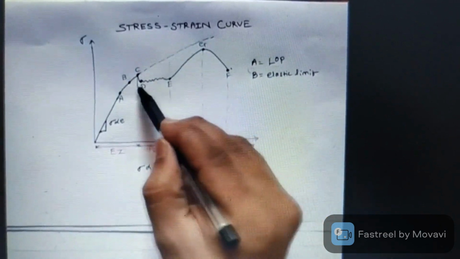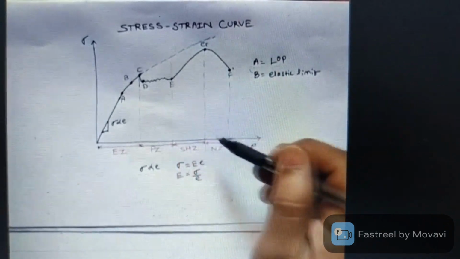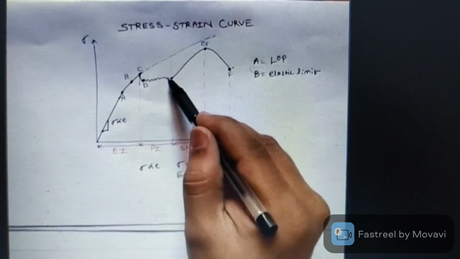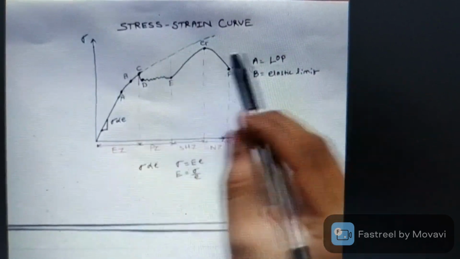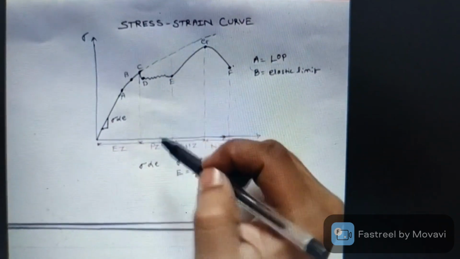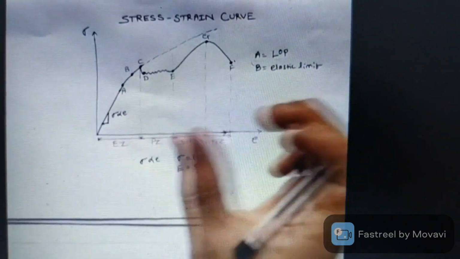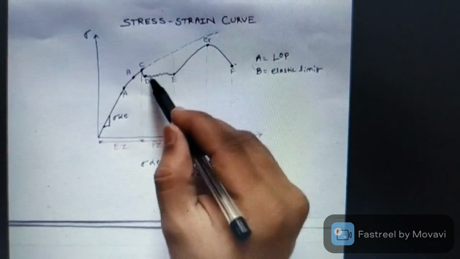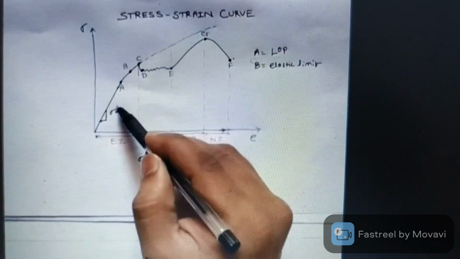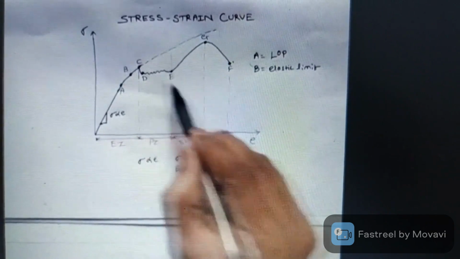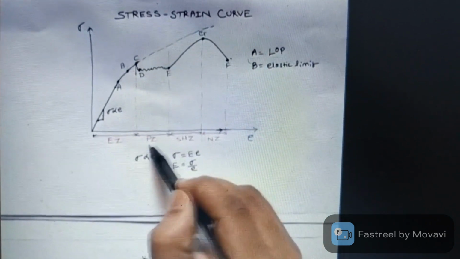Now if you see this curve, we can observe that strain is increasing without much application of load. That means the material is getting stretched, or from a metallurgical point of view we can say that there is a slip phenomenon between the molecules, because of which it is getting stretched. In this region there is no elastic recovery of the material, so we can observe the strain is increasing. This is called the plastic zone.